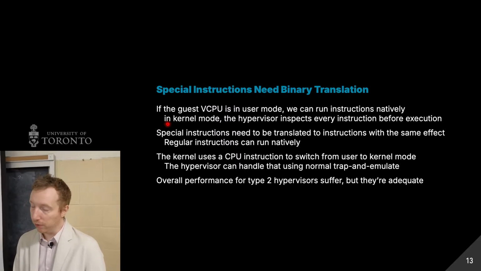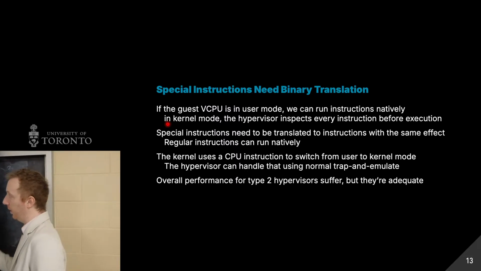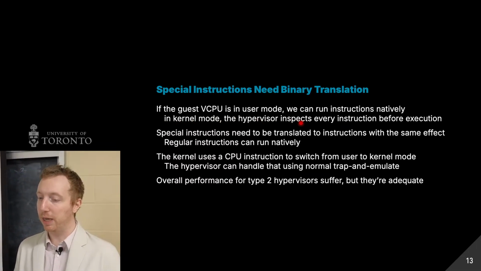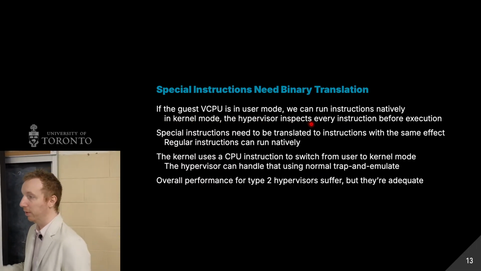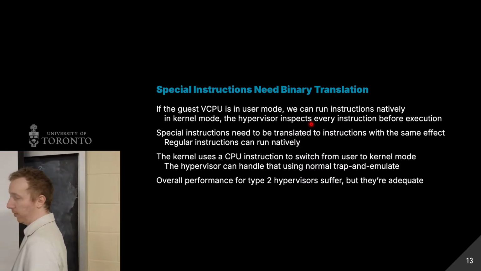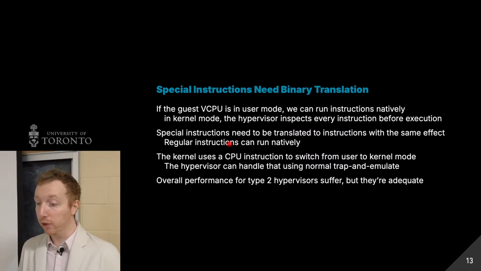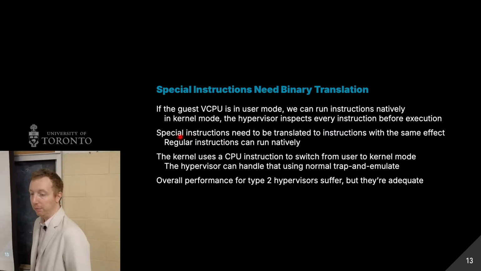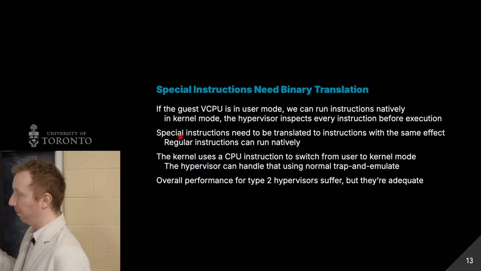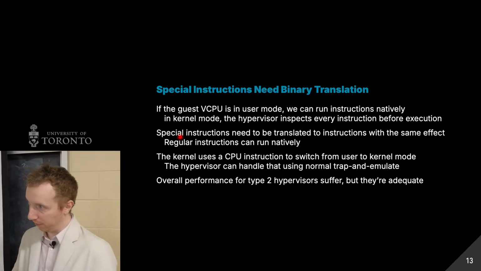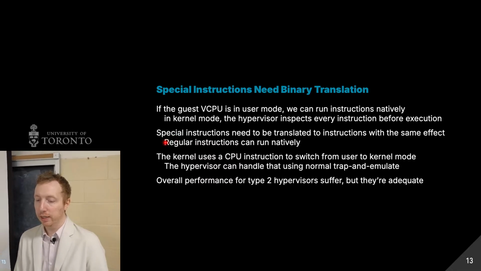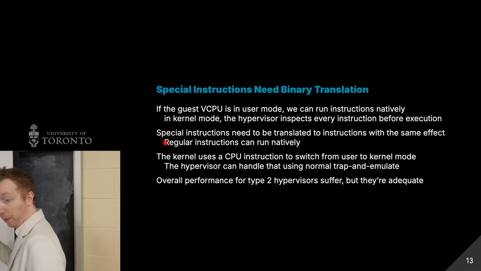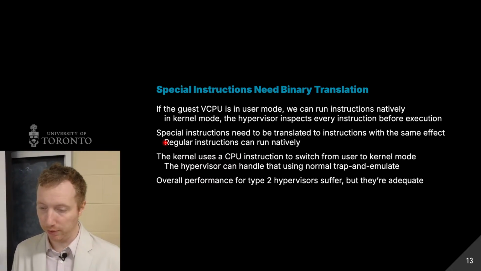The only difference is that if the virtual CPU thinks it's in kernel mode, the hypervisor has to inspect every instruction before execution, because it has to check if it's one of these special instructions. So it has to look at it before it executes. These special instructions need to be translated to instructions with the same effect, so it's the same simulating idea. If it's just a regular instruction, we can just let it run, but we have to inspect it to make sure it is not a special instruction.